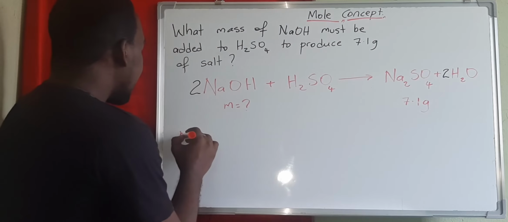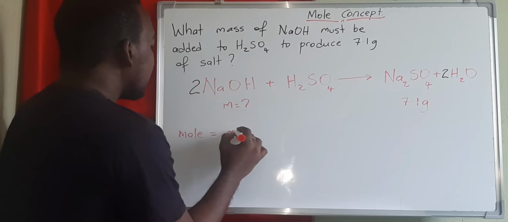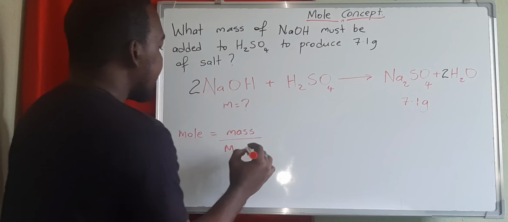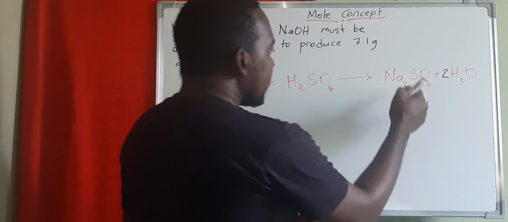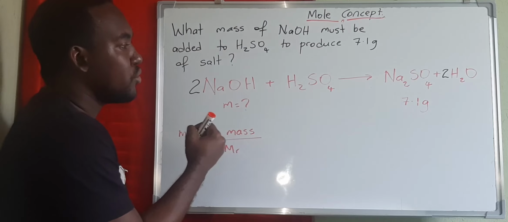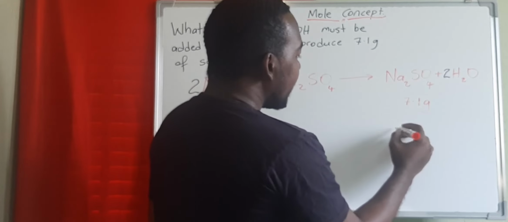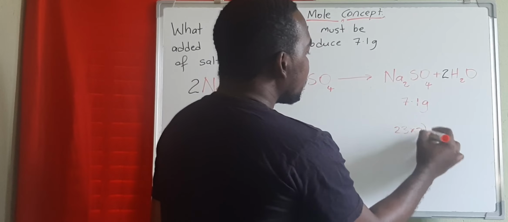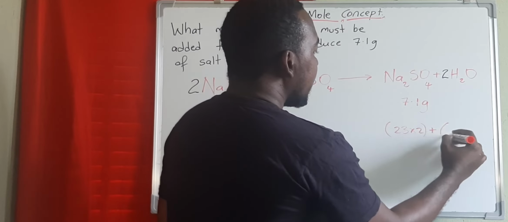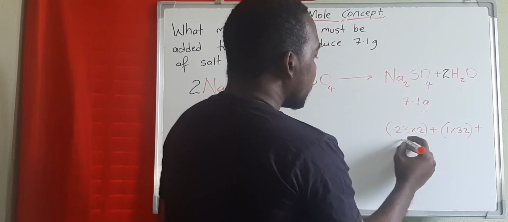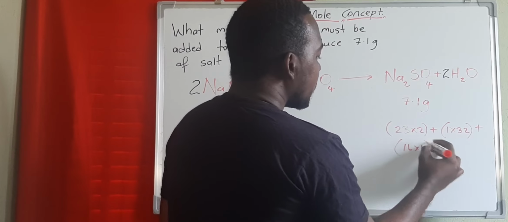So because we're given mass, we know that mole is equal to the mass over molar mass. So we need to find the molar mass of what we have, which is the molar mass of sodium sulfate. So it's 2 Na, so that's 23 times 2, plus 1 S, so it's 1 times 32, plus 4 times 16, right?